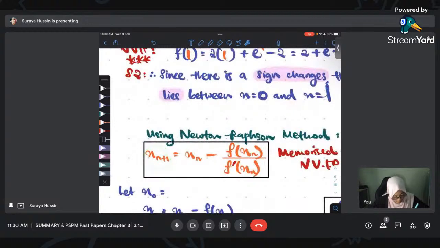Hafal ya? x n plus 1 equal to xn minus function of xn divide by f prime. F prime bermaksud derivatifnya, of the xn. So this formula mesti dihafal.